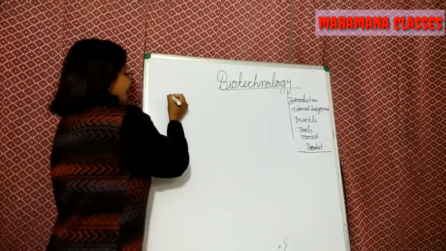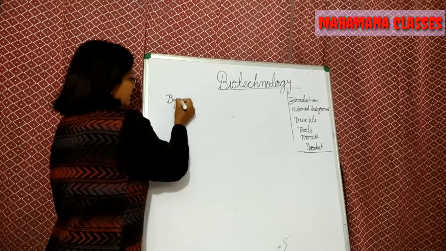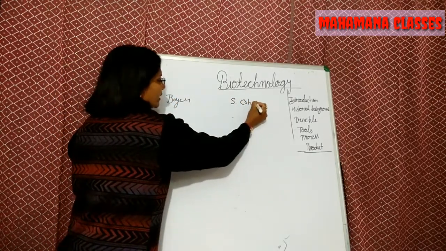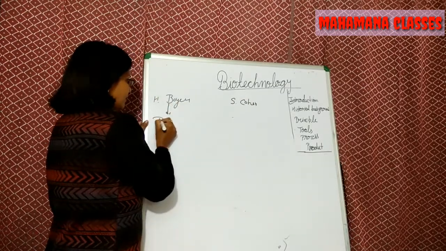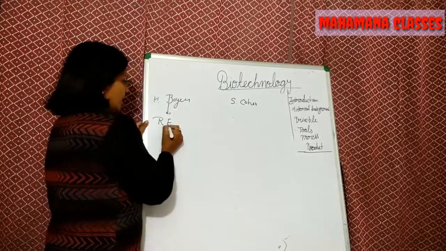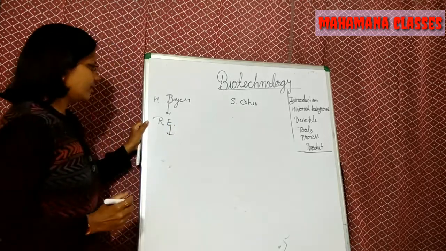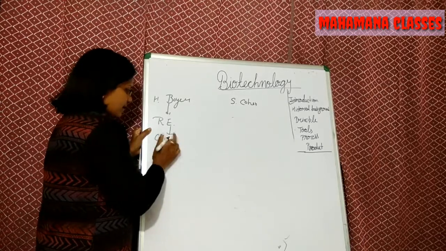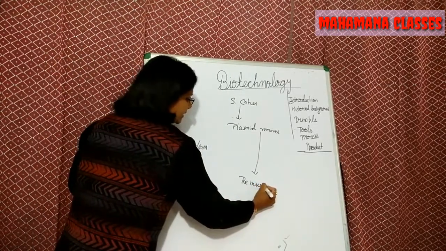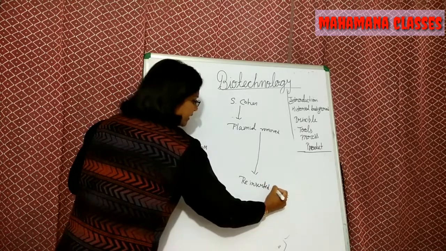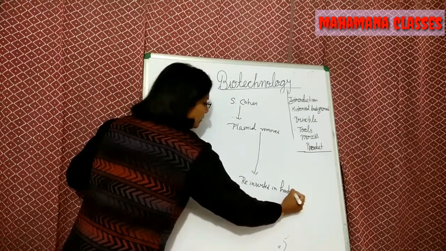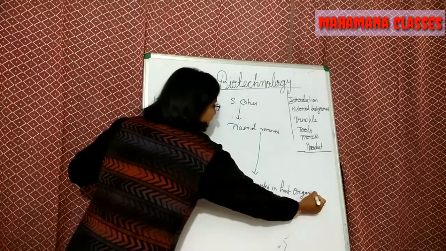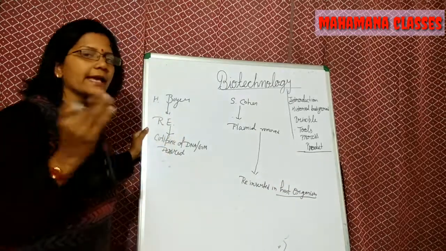Here it was Boyer and here it was Stanley Cohen. Boyer developed the restriction enzyme, with the help of which we can cut a piece of DNA to be inserted into a host organism, as we have discussed, another cell.